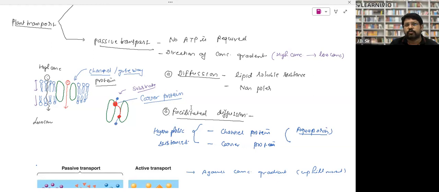It is a passive process. Hence, energy is not required.